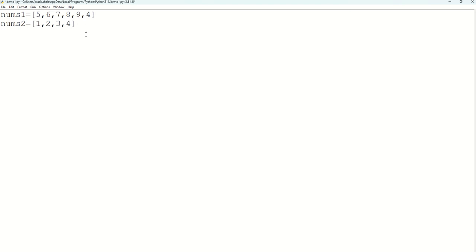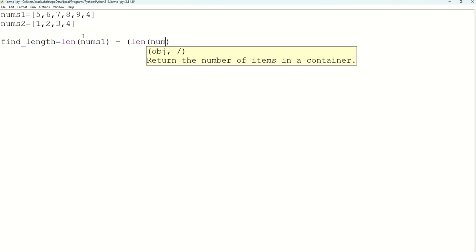Okay, so now first of all we are going to find the length difference. Find underscore length is equal to length of nums1 minus, inside the bracket, length of nums2 minus 1.